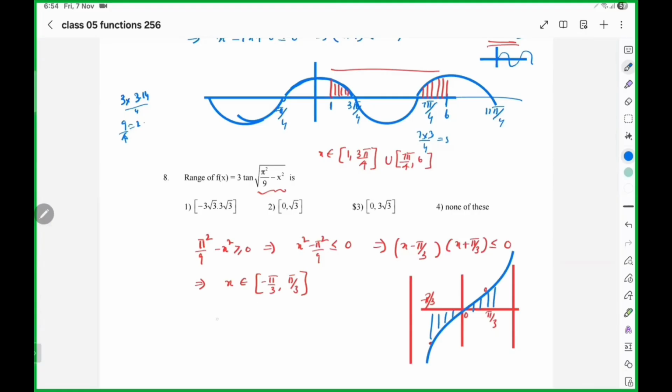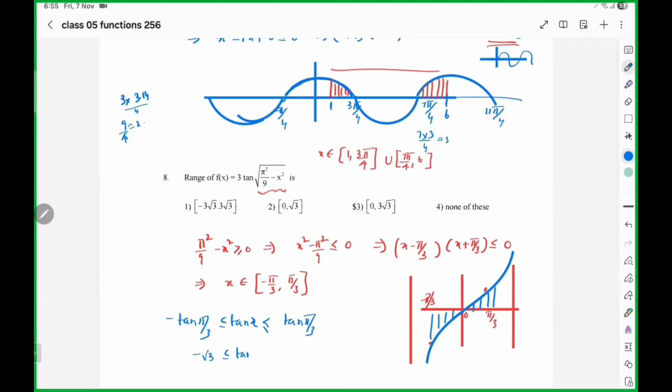That means increasing means tan x is less than tan pi by 3, which is root 3, and here it is minus root 3. So where it is defined, those values only I am considering. Tan 60 will be root 3.